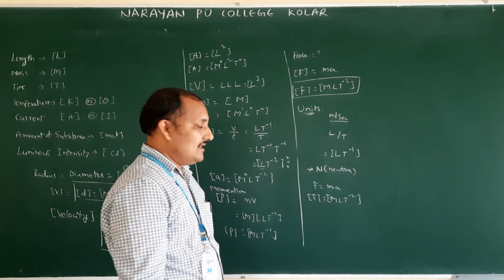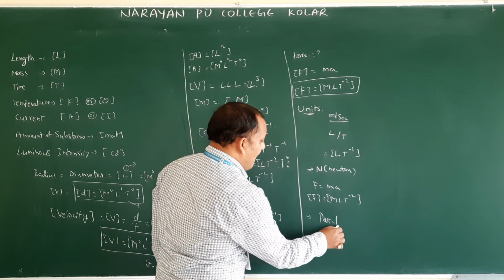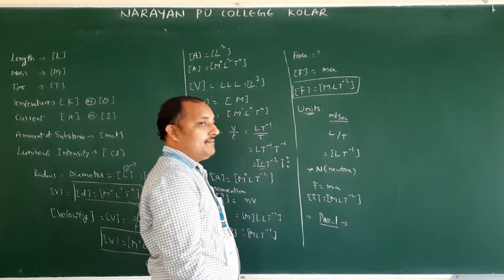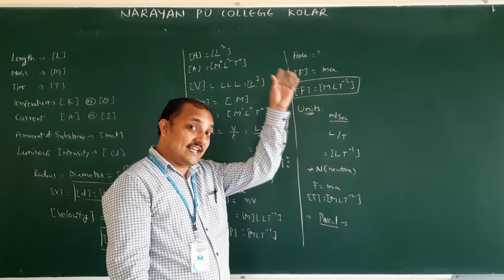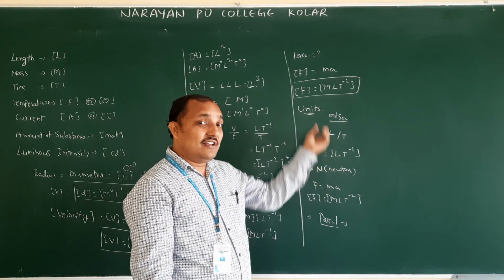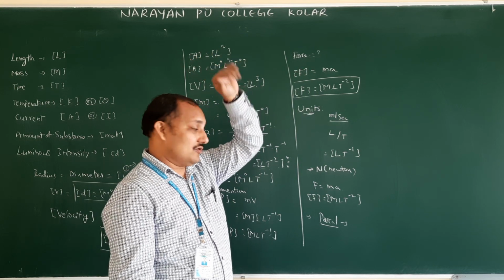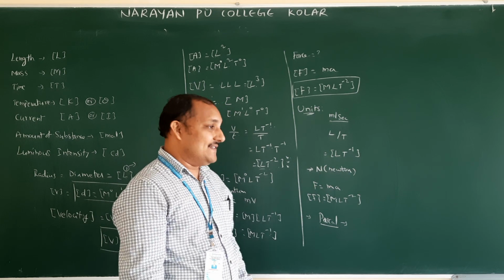Next, if they ask, write the dimension formula for Pascal. Pascal is a unit, but you should come to know which physical quantity it represents. Newton is the unit for force. Like that, Pascal is the unit for which physical quantity?